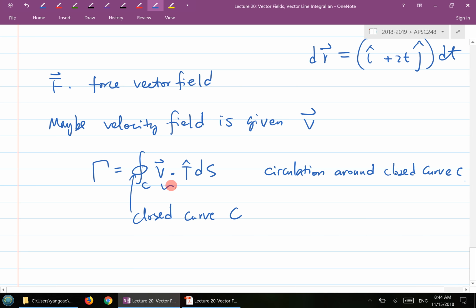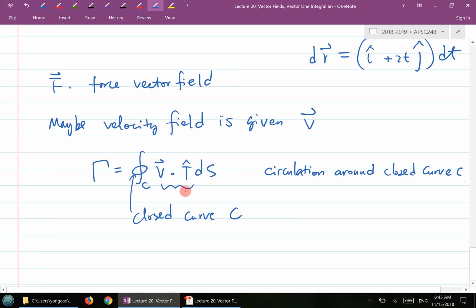It's this dot product, V dot t hat: the projection of V at a certain location on the curve C onto the t hat direction. That's what's circulating at that location. Then you add them all up, and you get the total circulation around this curve C.